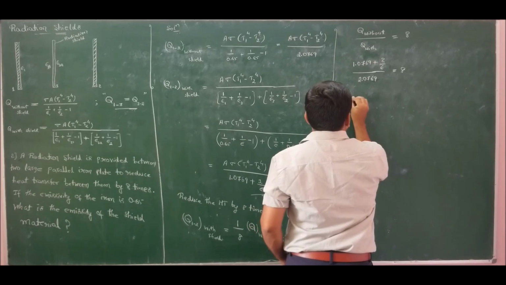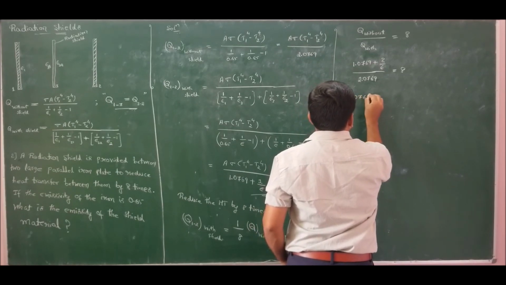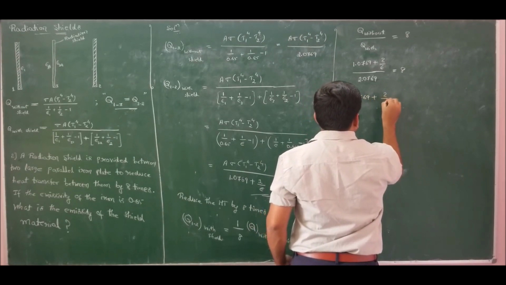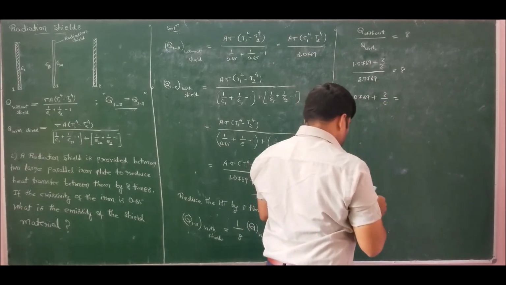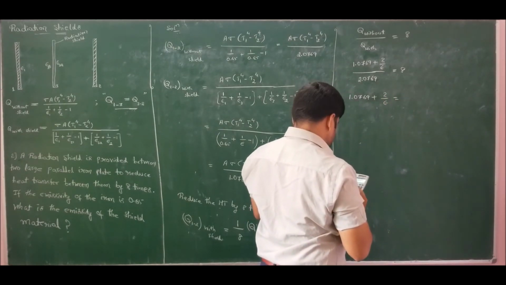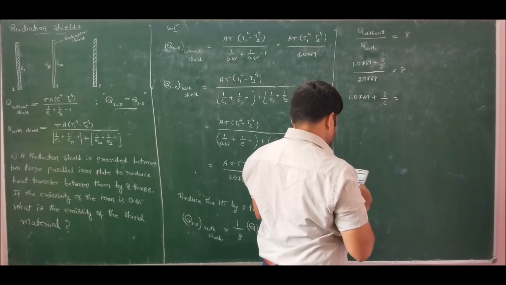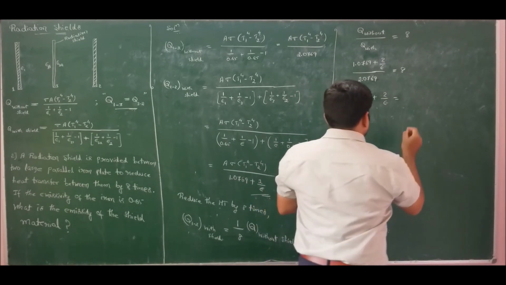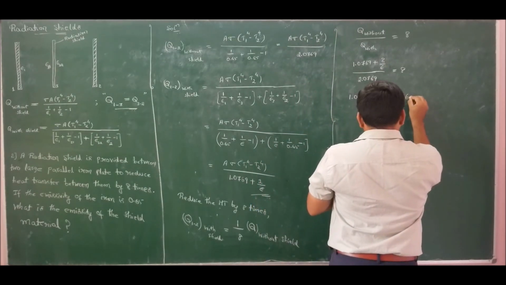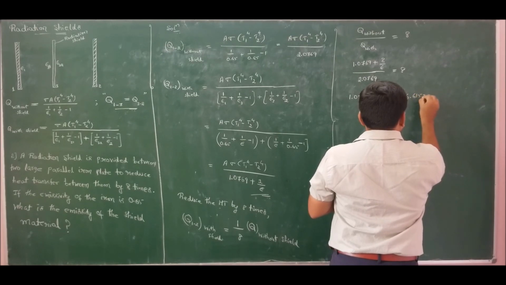So therefore 1.0769 plus 2 by epsilon will be equal to 8 times 2.0769, which is nothing but 16.6152.